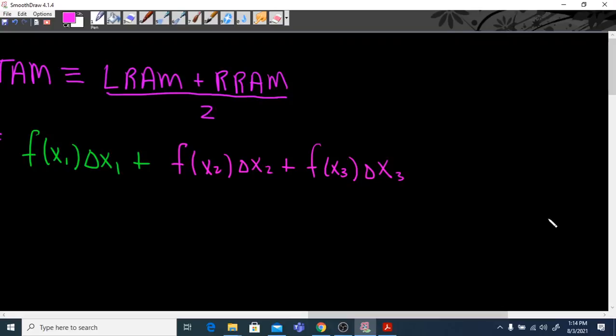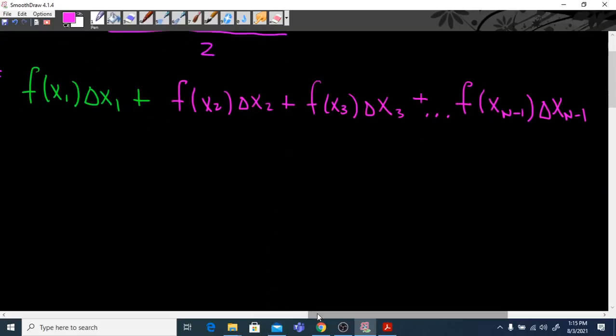So plus dot, dot, dot, and the left rectangle is going to stop at f of x sub n minus 1 delta x sub n minus 1.